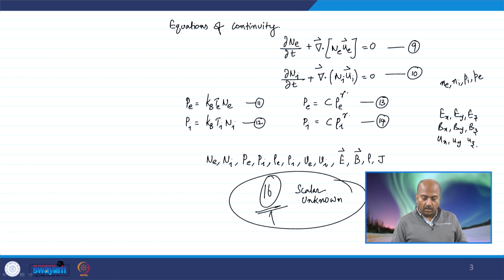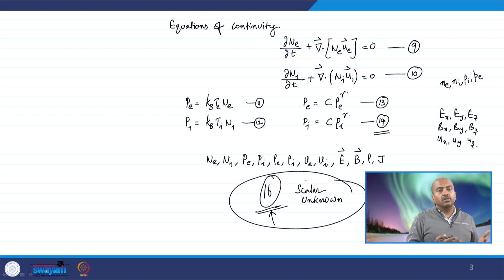So these are the variables which you need. If you want to solve these 14 equations, not 14 equations actually, these are in number, but when you write the component equations, it will be a different number. So these 16 unknowns can be known by solving these coupled equations.